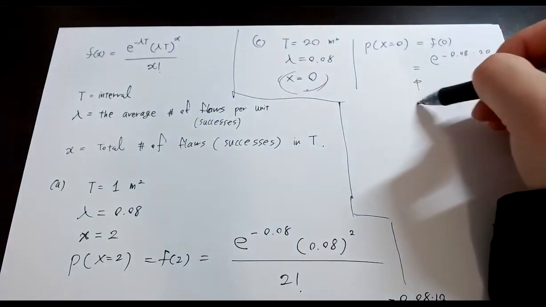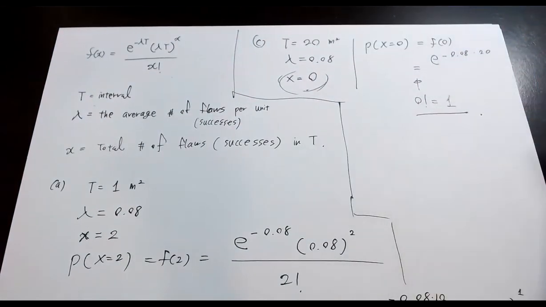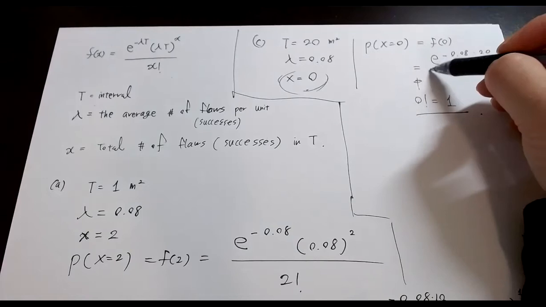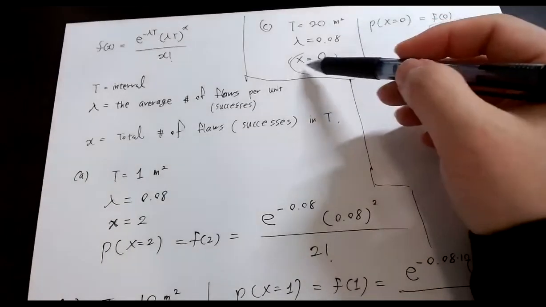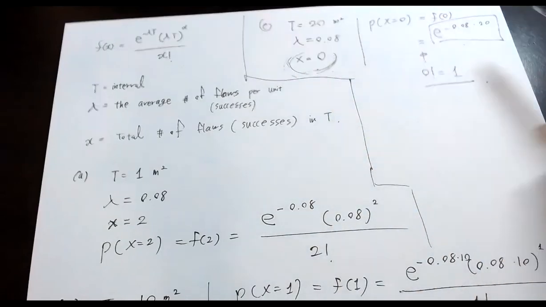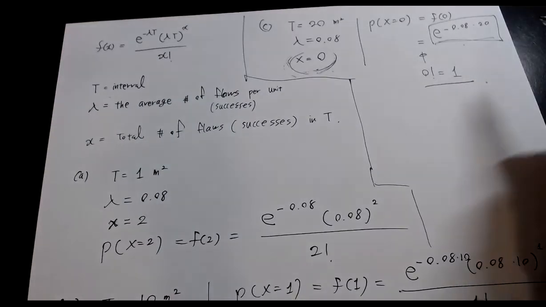Remember that 0 factorial is 1, keep that in mind. So you just calculate the exponential number.